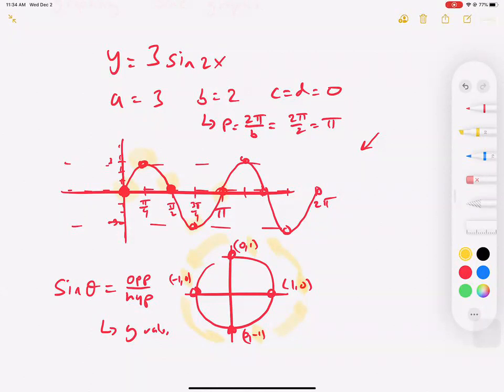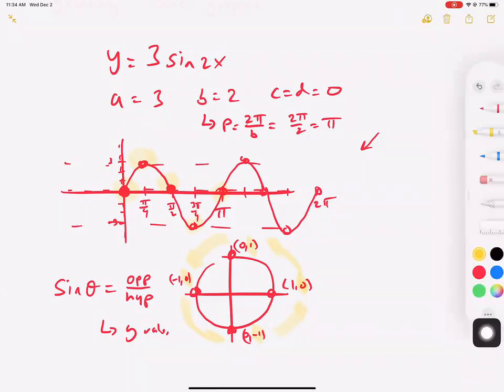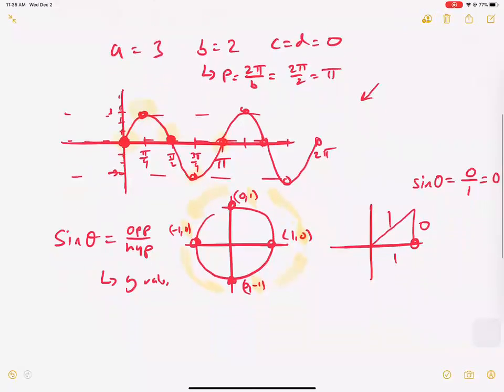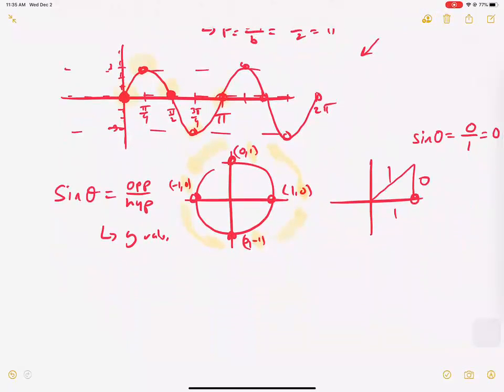If I want to look at this on a triangle level, let me draw you guys a triangle version of this. At 0 degrees, we draw a fake triangle. It's 0, 1, 1. The sine of this triangle is equal to opposite over hypotenuse, which is 0. So following along this logic, what is cosecant?